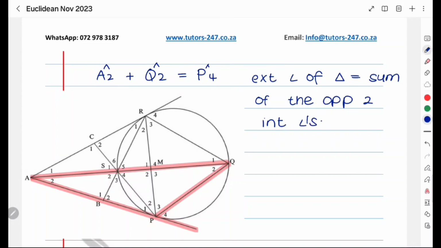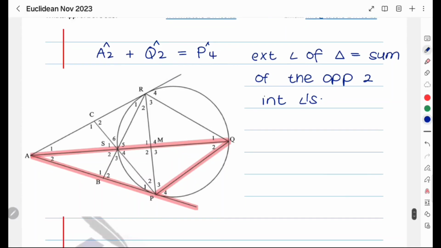Now, we need to try and identify what we can get Q2 to be equal to. We need to try to get Q2 and P4, and find them in terms of Q1 so we can connect A2 to P2. So let us find Q2 and P4.